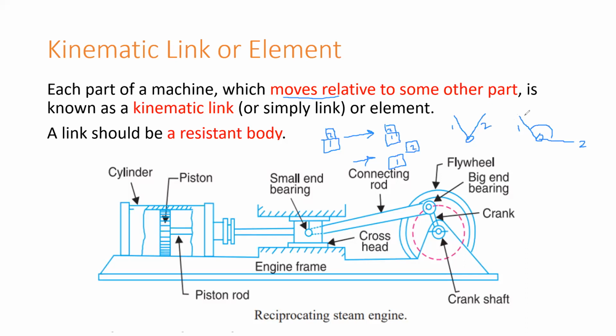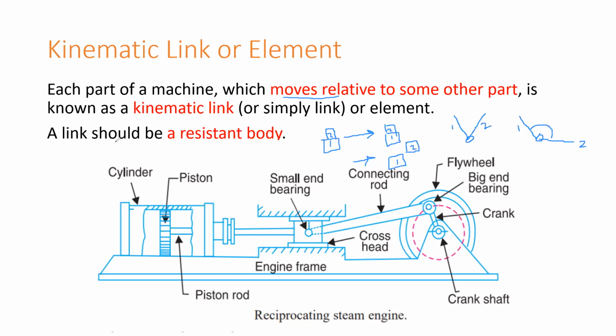That number of links decides so many factors. Depending on this number you will calculate many things in your further topics. So it is very essential to understand this concept. Okay, so that is the definition of a kinematic link or kinematic element.